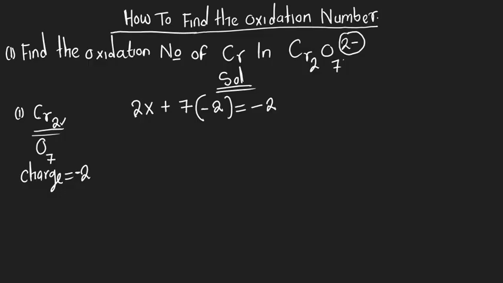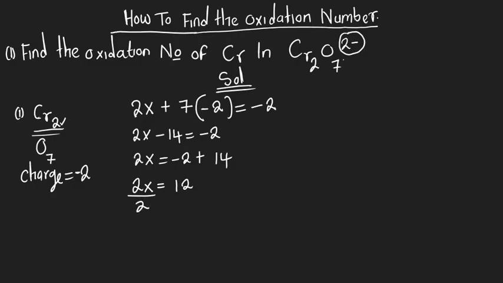So if you continue, you are going to find your 2x, then 7 multiplied by -2 is going to give us -14, equal to -2. So this will be 2x equal to -2 plus 14. 2x is going to equal 12, over 2.